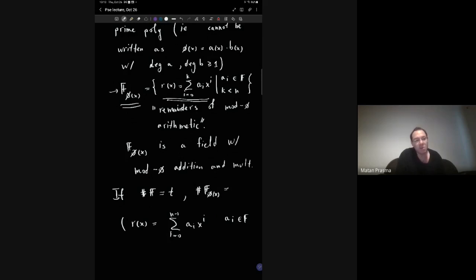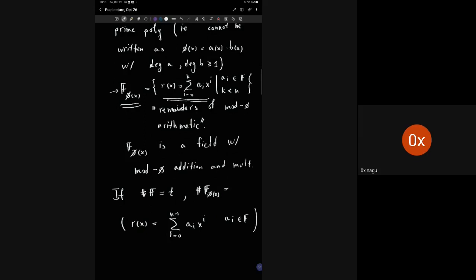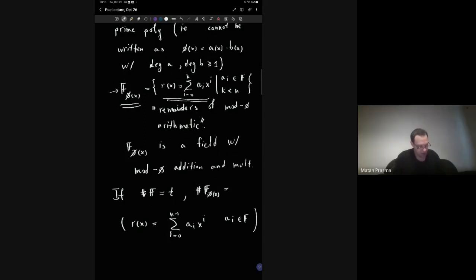So if it is a polynomial of degree 2 and n is equal to 4, then you can extend it to this form, where you take a3 to be 0. Is it t to the power n? Yes. So the number of elements in F sub phi is t to the n. Okay.